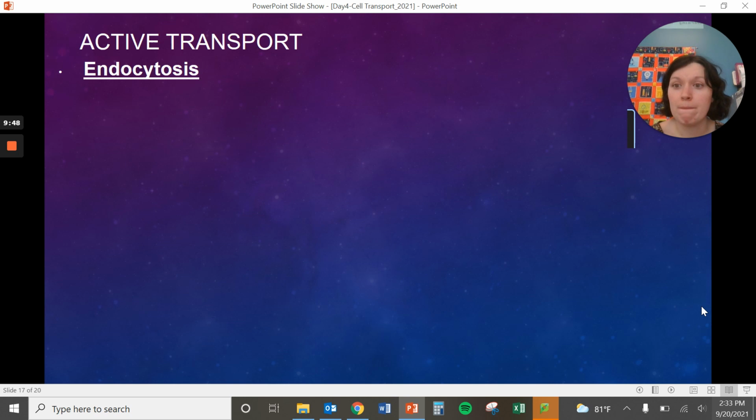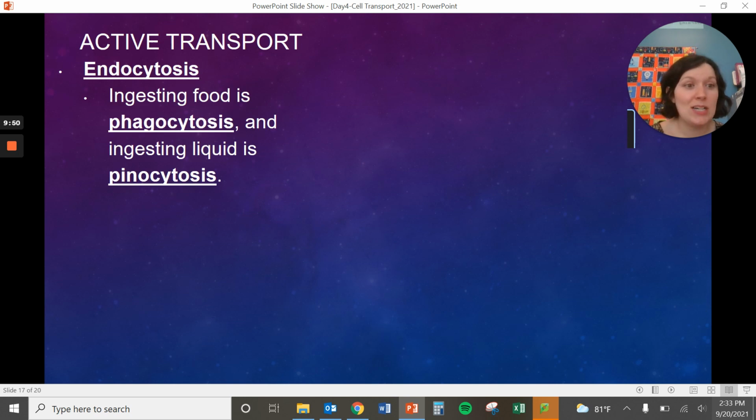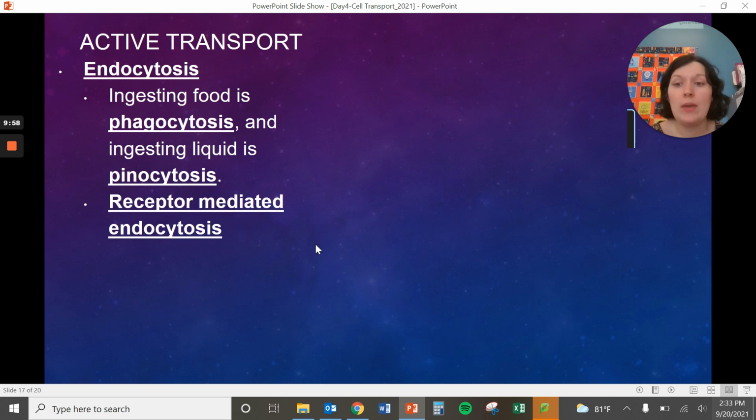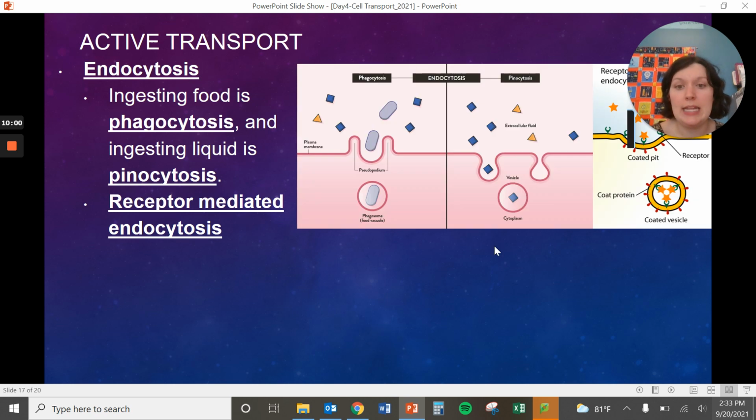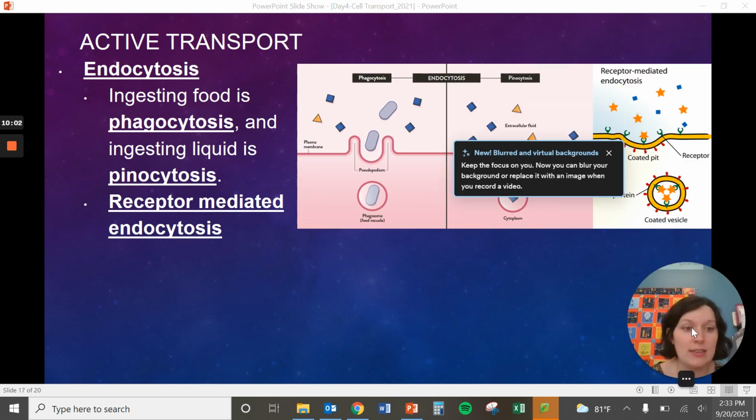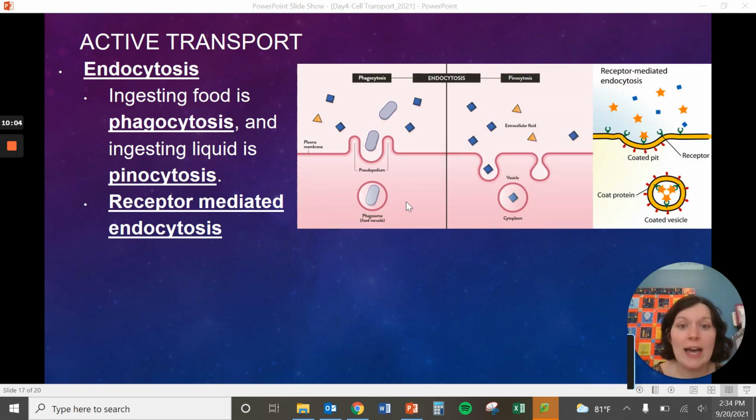Okay, our endocytosis can be broken down into more groups. So we can have phagocytosis and pinocytosis. And we can also have receptor-mediated endocytosis. So that's shown here in this image. So our phagocytosis, this is where the cell is ingesting large molecules, usually food. Okay, so it will engulf and then have the food in a vesicle.